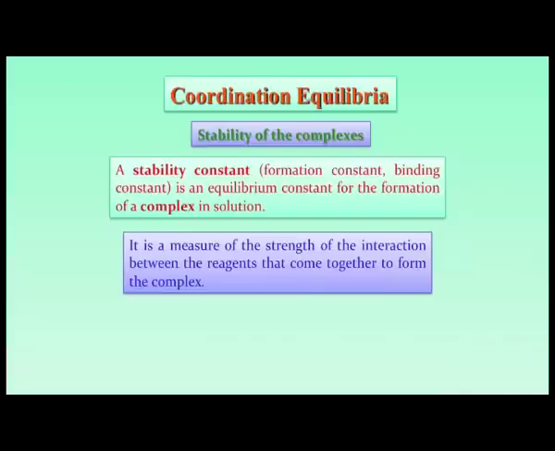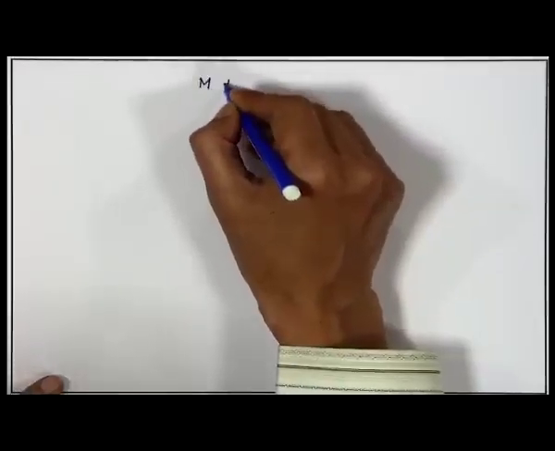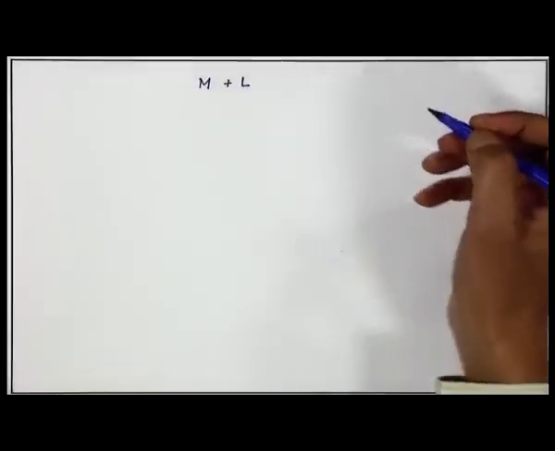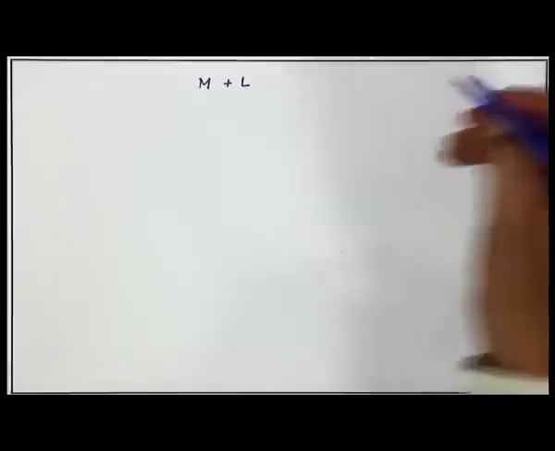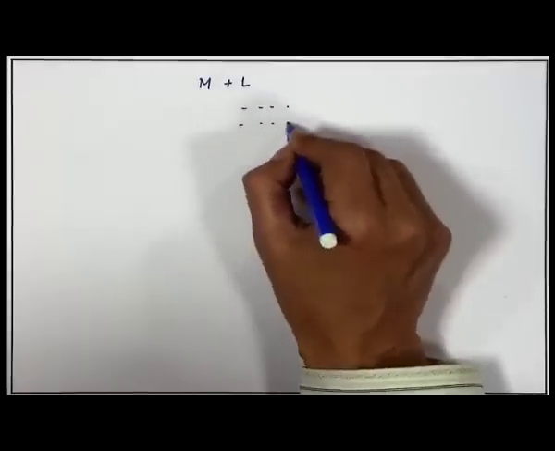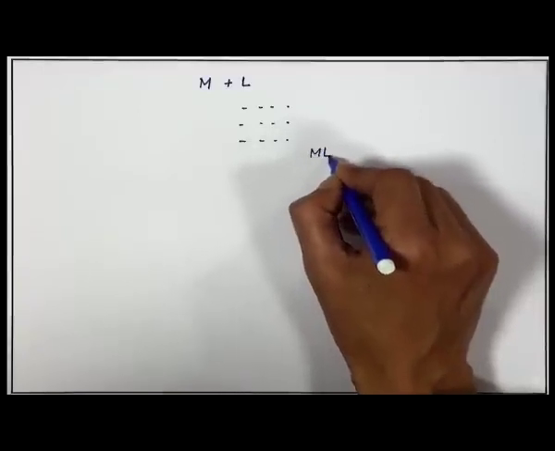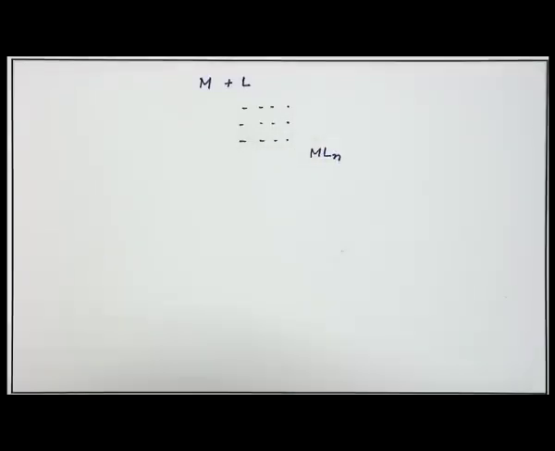Okay. So, next we will consider the corresponding equilibrium. Equilibria are always very important to understand. So far we have been talking about the complexation reaction of M plus L, and we have seen the situation is much more complex, because it can go in different steps to form ultimately MLn.